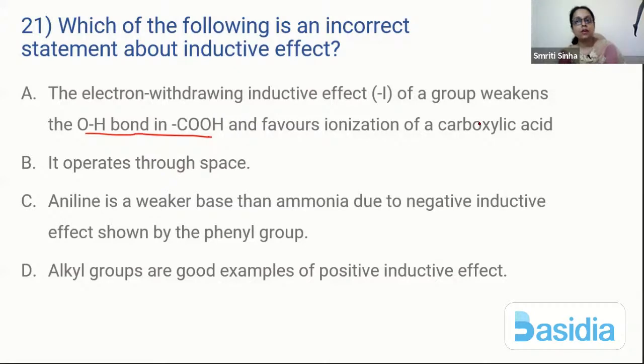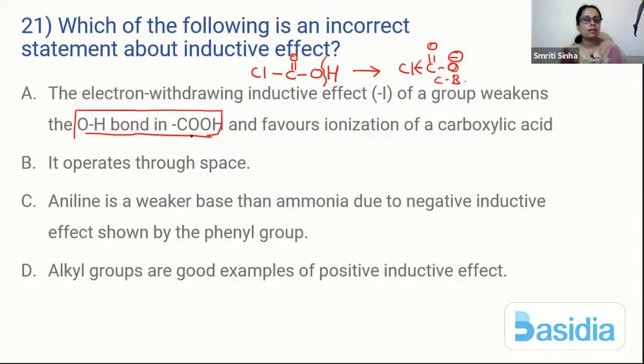This is the carboxylic group, and if you have any electron withdrawing group attached to it, the carboxylate ion formed, that is the O negative charge, will be well stabilized due to the chlorine, that is due to the minus I effect. As the conjugate base is well stabilized, the acid is stronger and the OH bond is weaker. That is what they are saying: the OH bond becomes weak due to the minus I group present, and the acid is stronger. So this statement is correct.